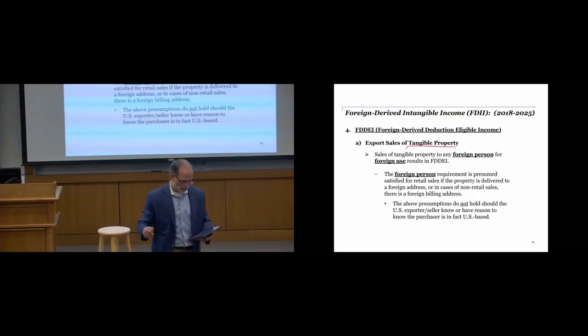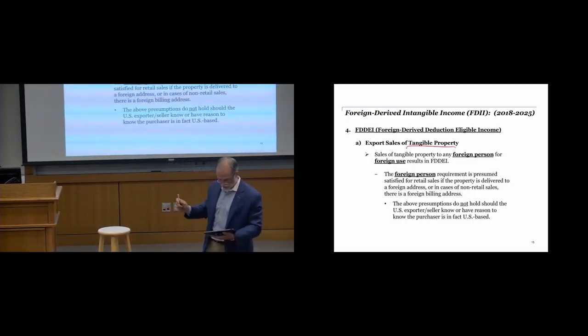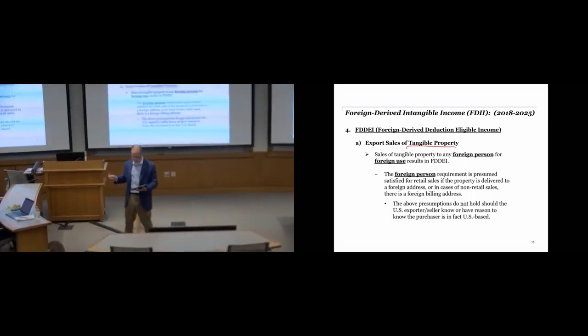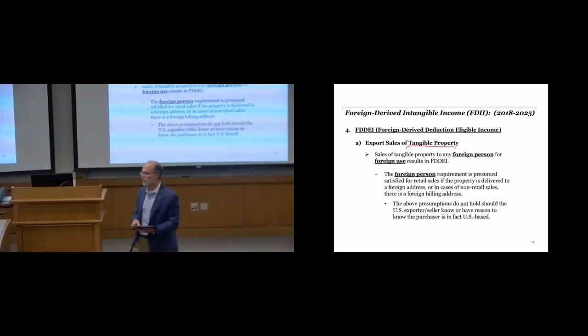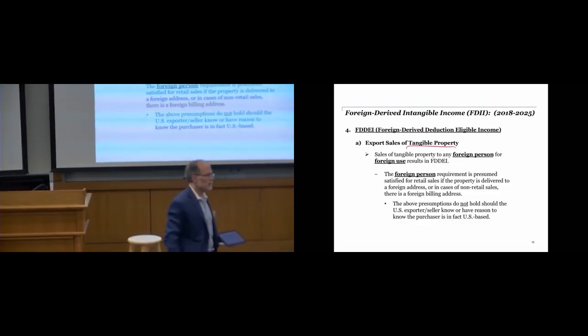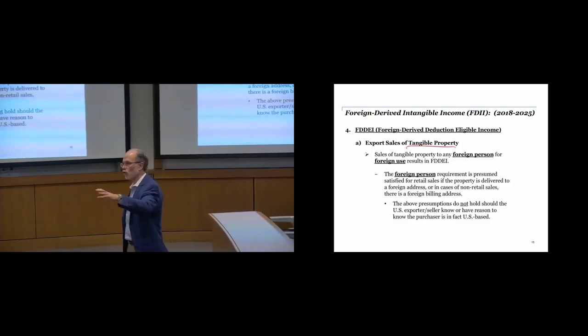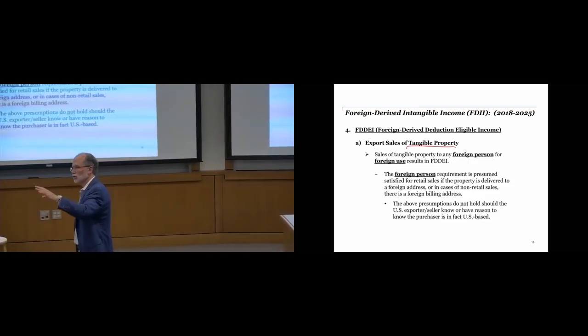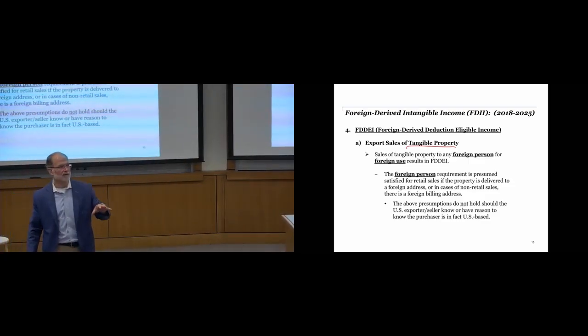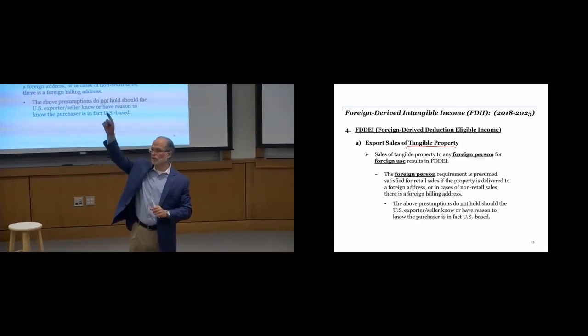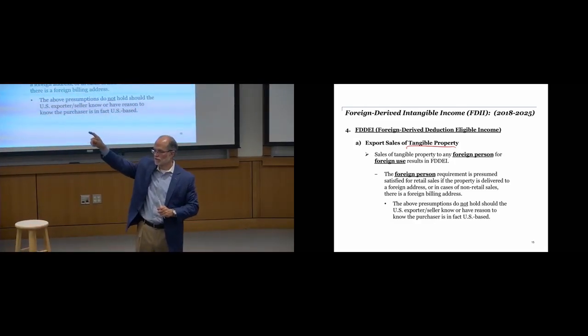The above presumptions do not hold should the U.S. exporter or seller know or have reason to know the purchaser is in fact U.S. based. So, what happens when they adopt these regimes is there's a whole bunch of administration that has to go around this. They are trying to have a lower rate of tax on foreign transactions from the United States.